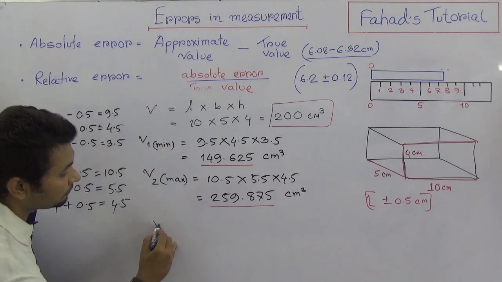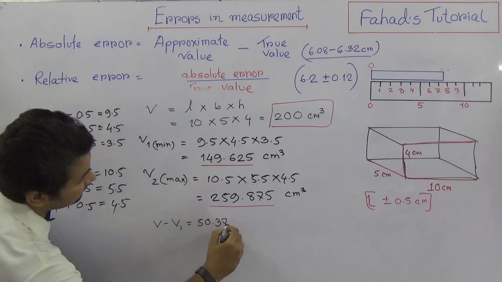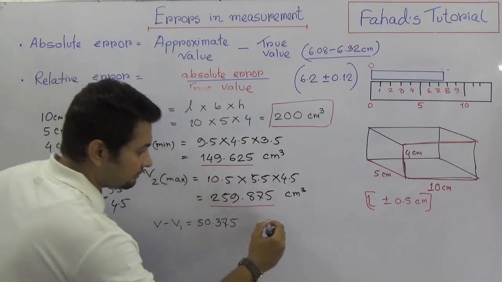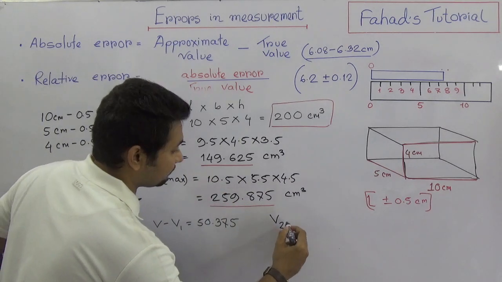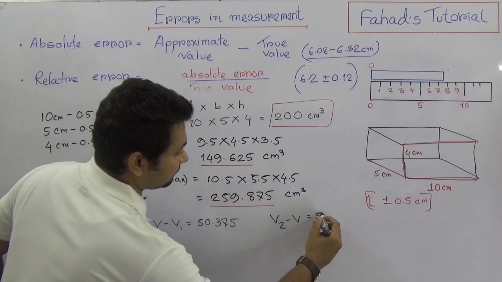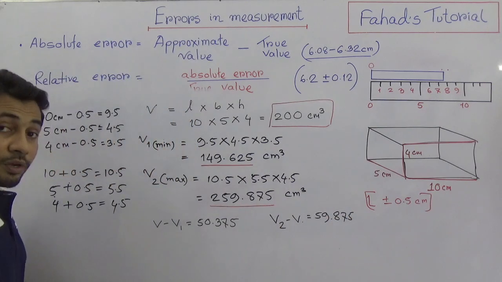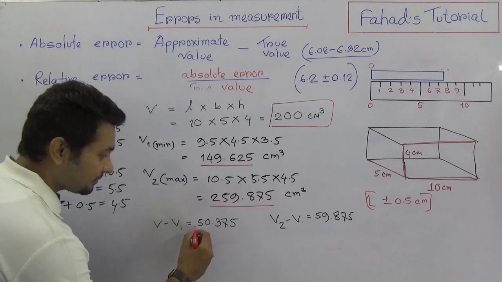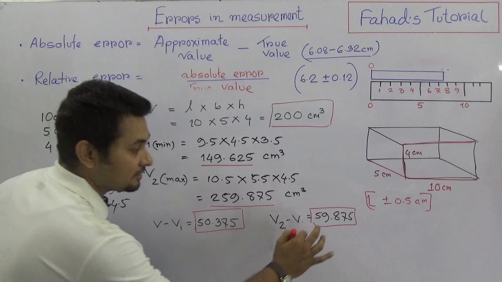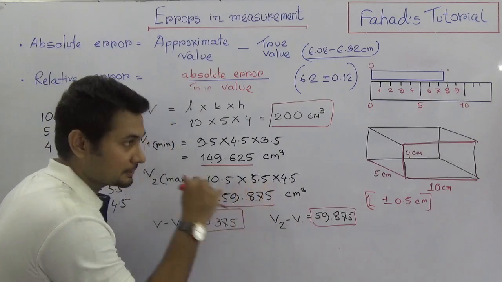So V minus V1 is 50.375. This is the minimum difference. And secondly, V2 minus V should be 59.875. Now which one is the bigger, 50.375 or 59.875? Definitely 59.875. This one is the bigger difference.